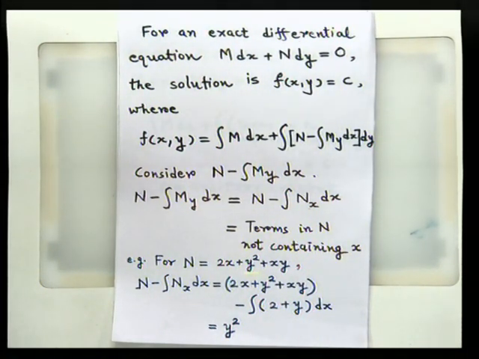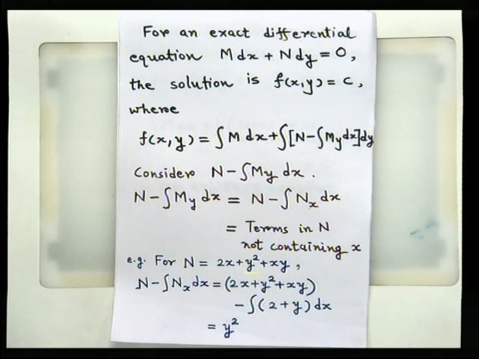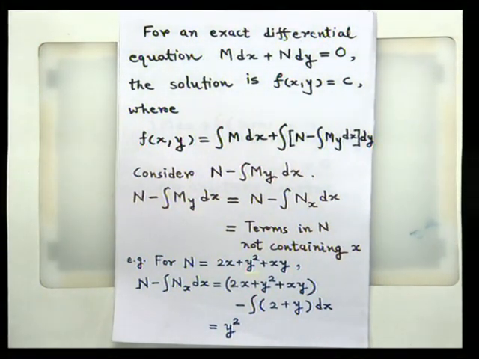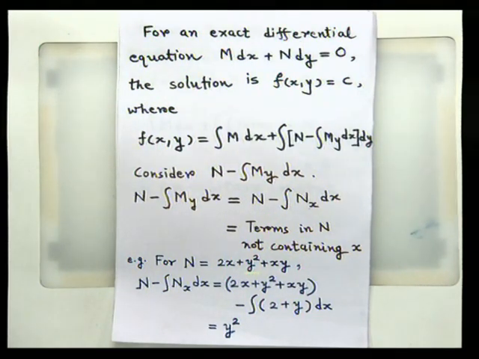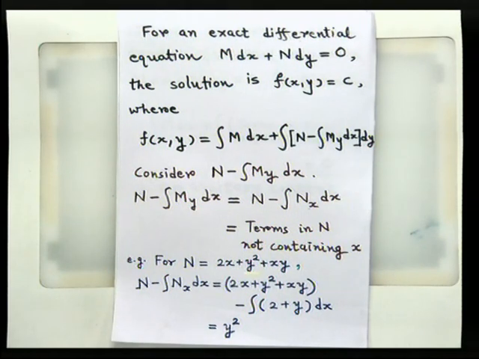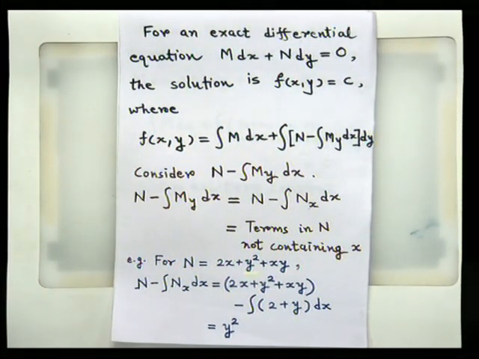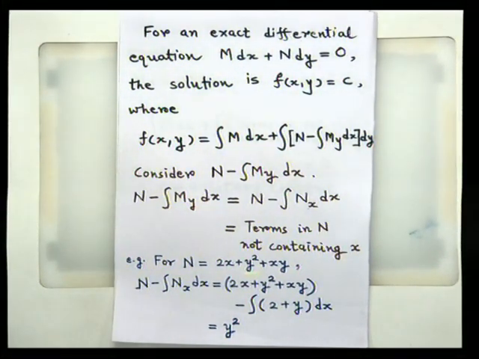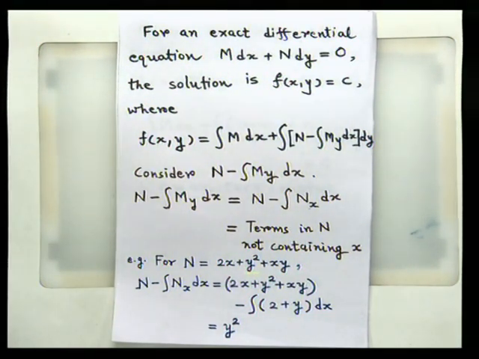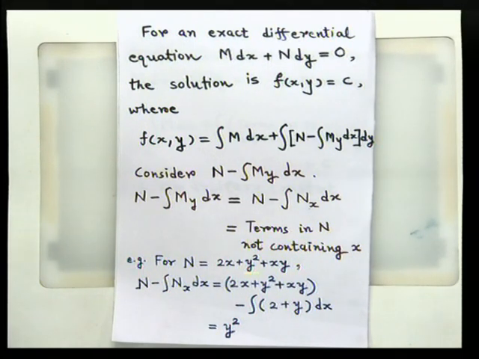Here in the first term, integral m dx, we integrate m, which is a function of two variables x and y, with respect to x, and at that time we treat y as constant. The second term is integral of n minus integral my dx. This my means the partial derivative of m with respect to y, and then dy.